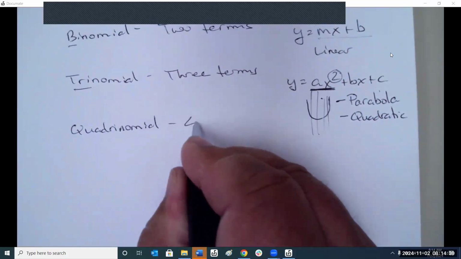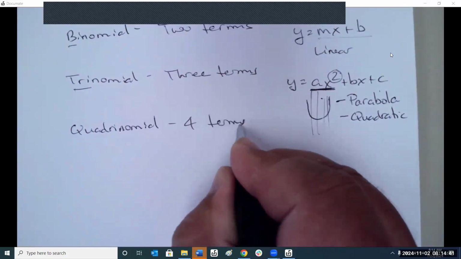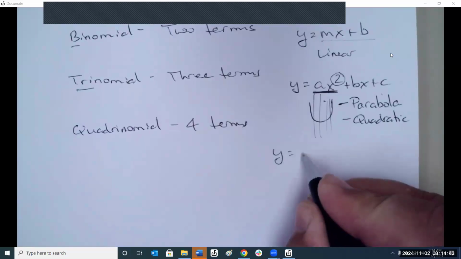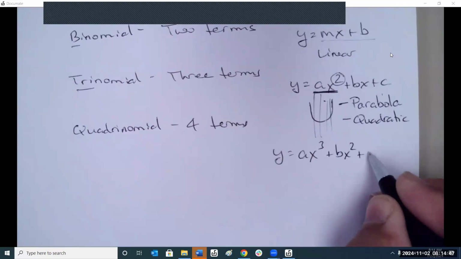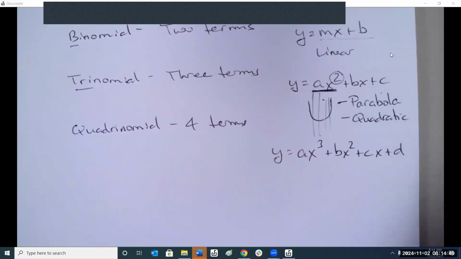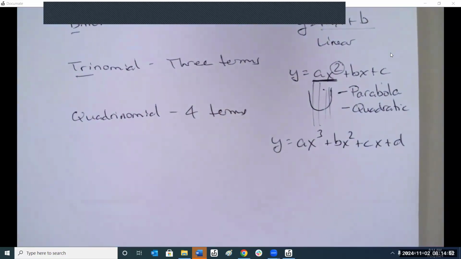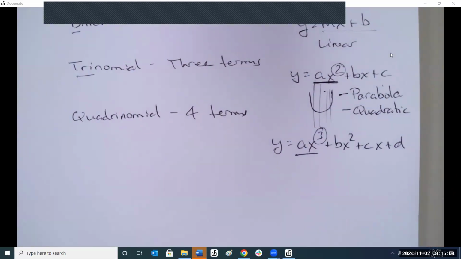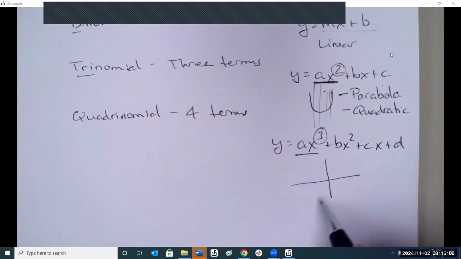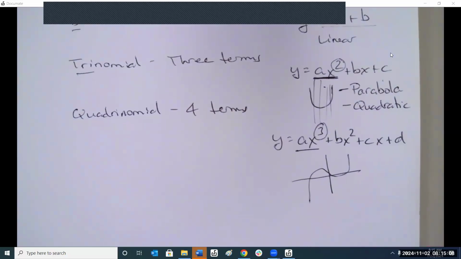Quadrinomial has four terms. So what is this one going to look like? No, no. Again, we look at this, the graph will look like this.